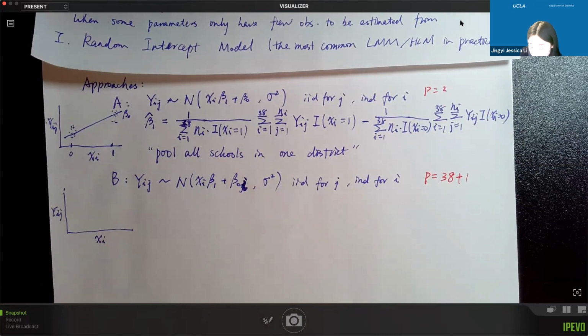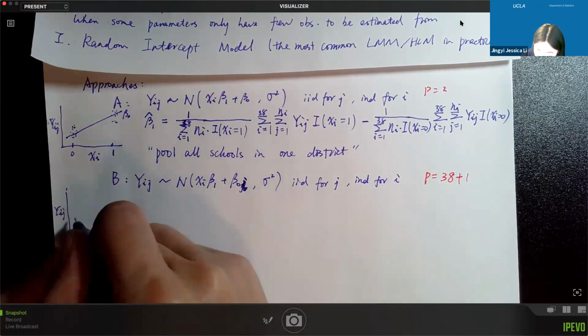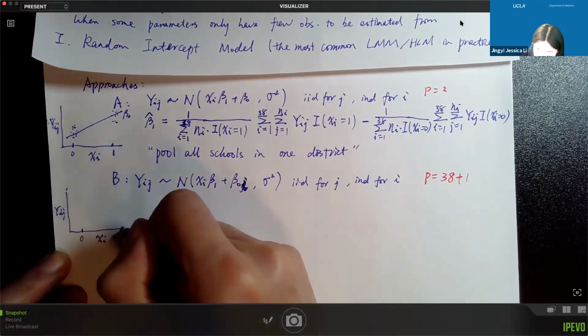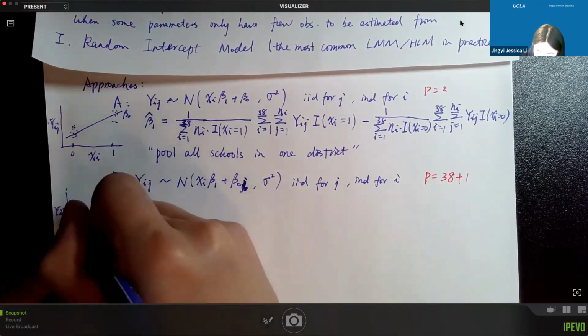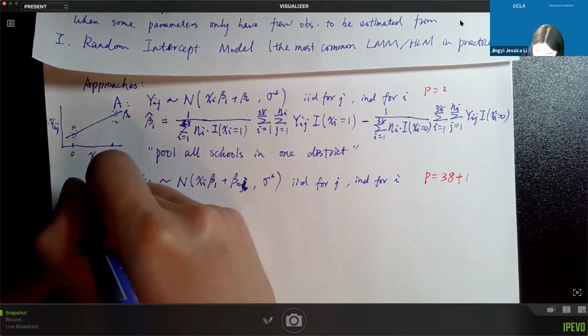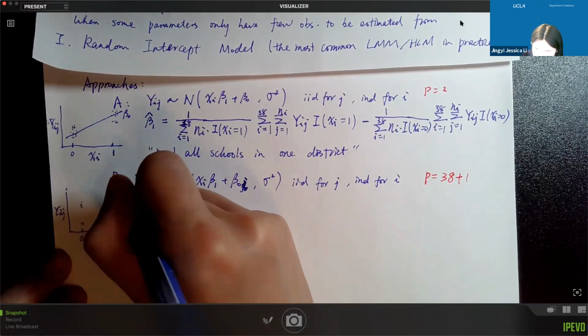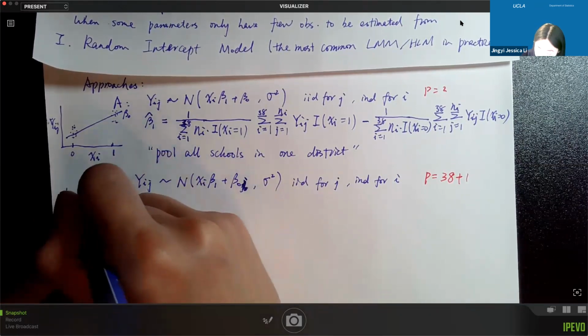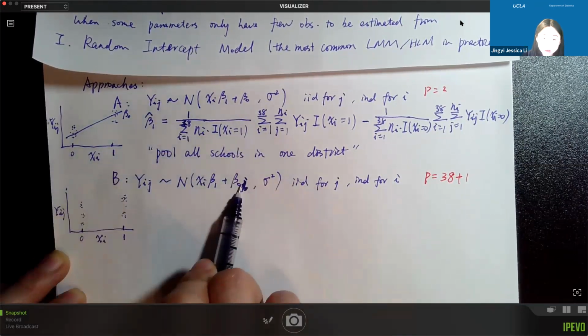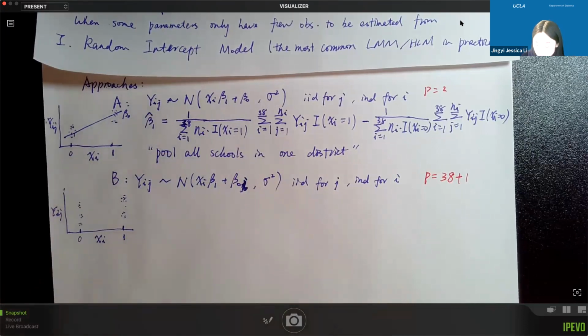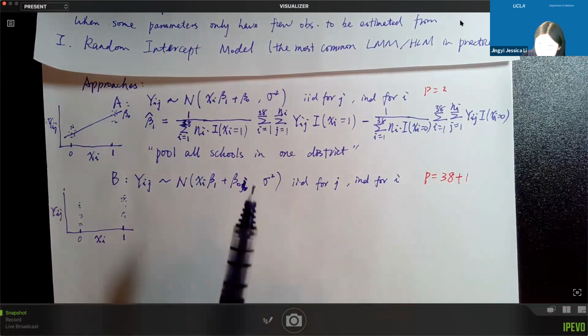That actually complicates the issue, because xi can still be 0 or 1, but you have some schools here, some schools here, some schools here. So you need to take those into account. Essentially, when you fit this model, you are not fitting just one single line. You are doing multiple lines.